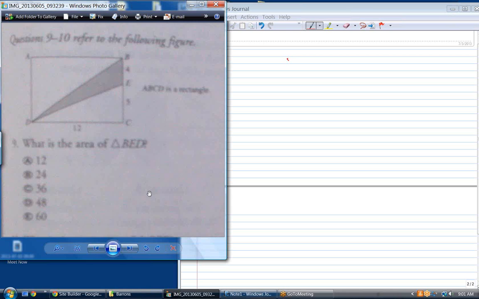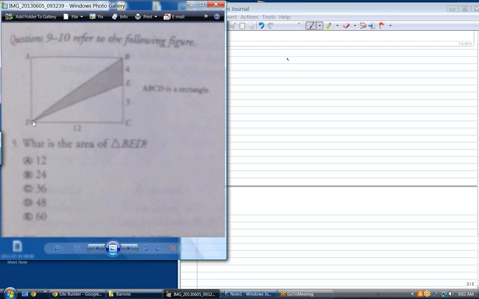So I'm assuming that the area of BED would be 1/2 13 times 4. Okay, it's the base times the vertical height, not the slant height. In other words, you would not use this as the height of that triangle. You would use this.